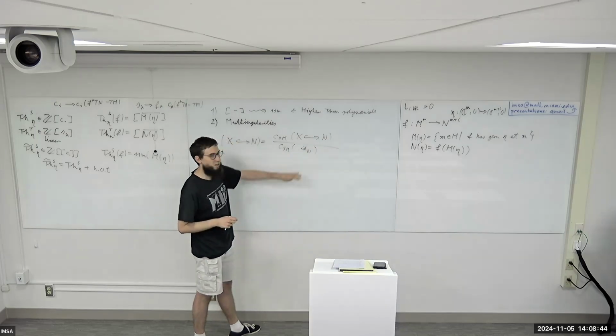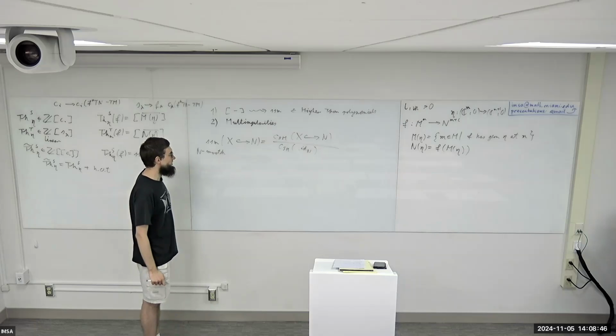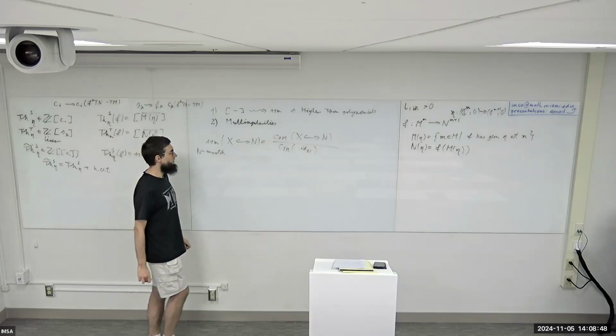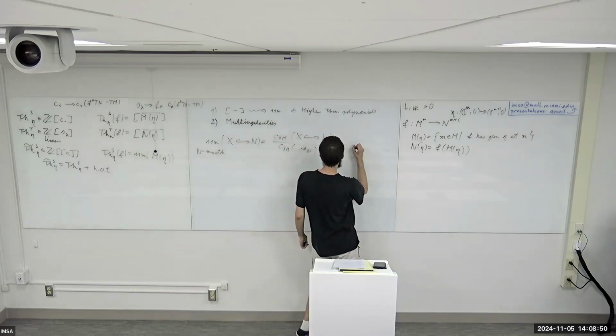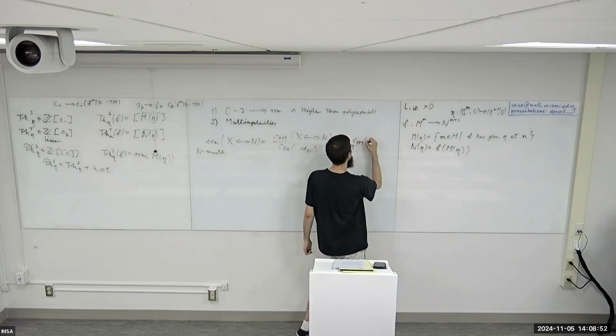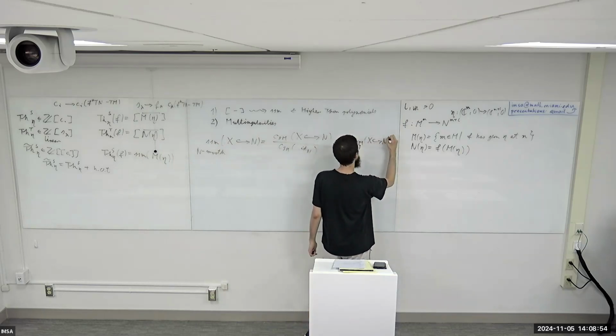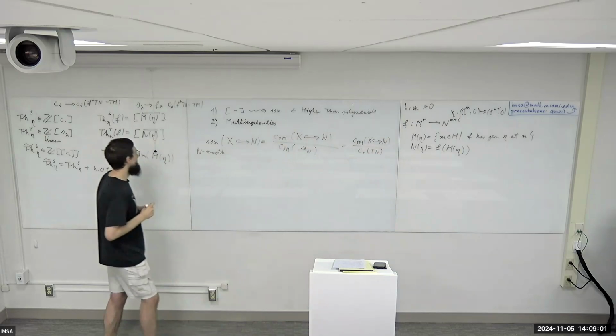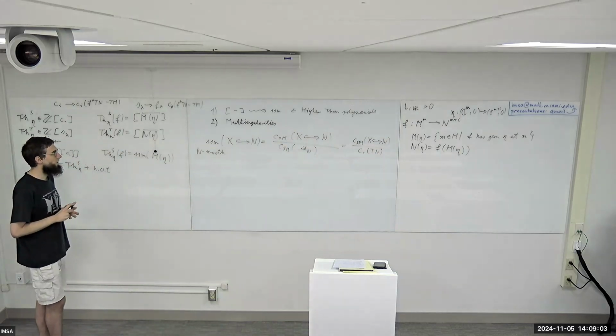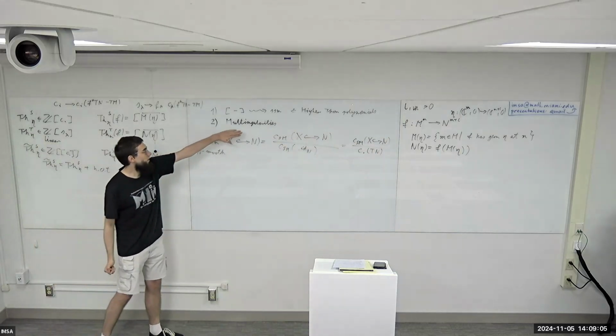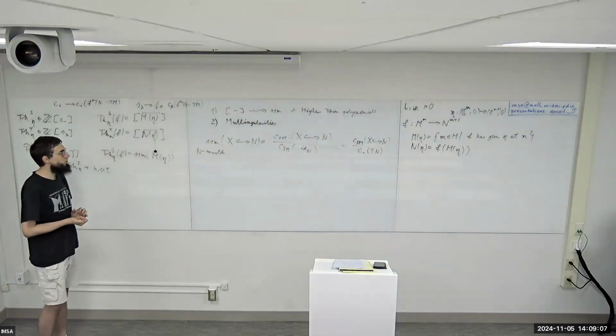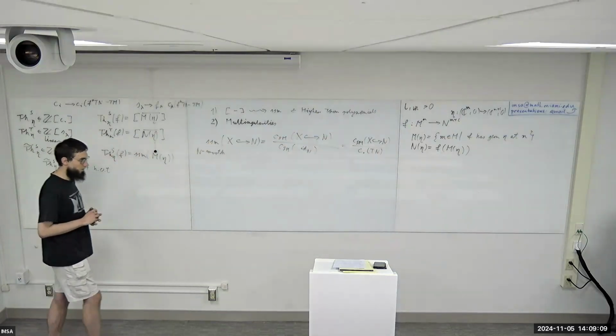No, this is just the class of tangent bundles. Okay, so maybe I'll write this. This is c_FM of X in M divided by the total Chern class of the tangent bundle. Thank you. Okay.